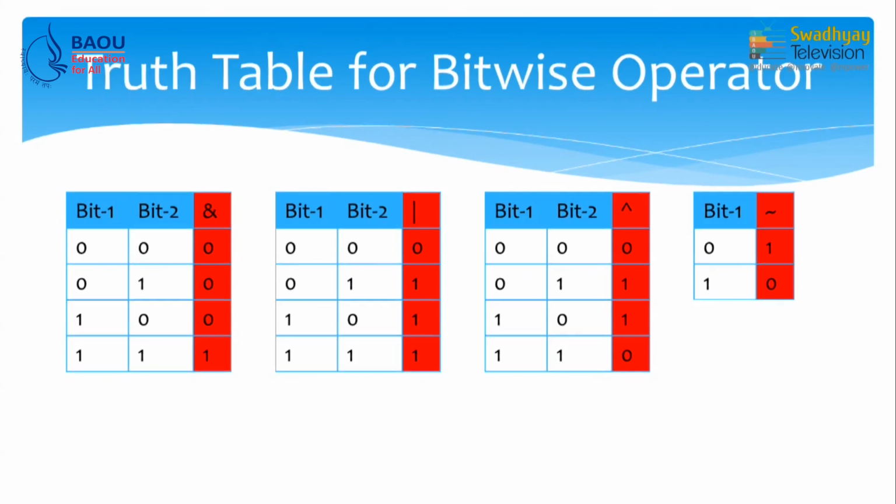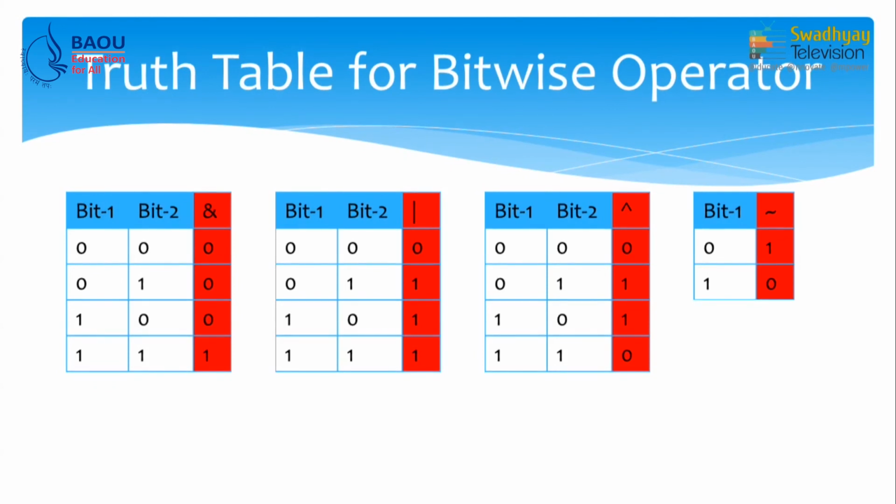But if only one of the operand bits is 1, then we get 1. Last is called bitwise complement. If the bit is 0, it is set to 1, and if the bit is 1, it is set to 0.